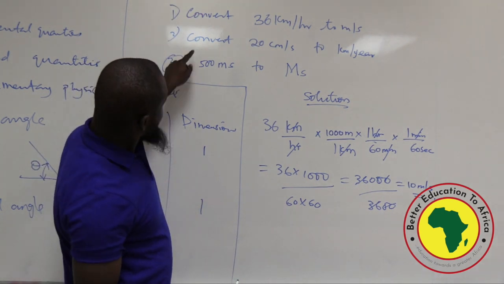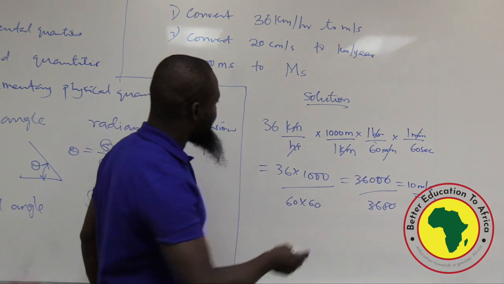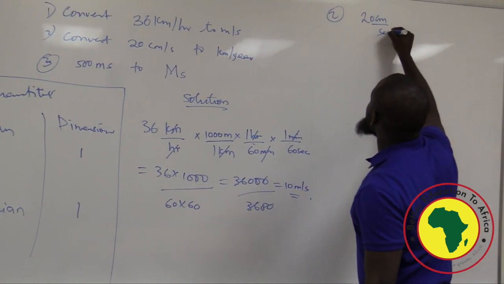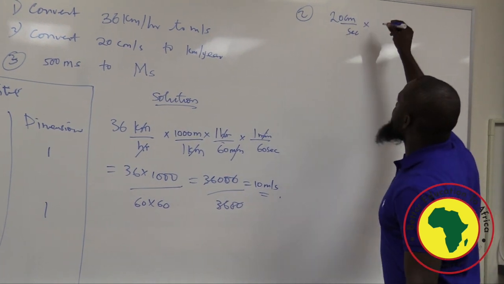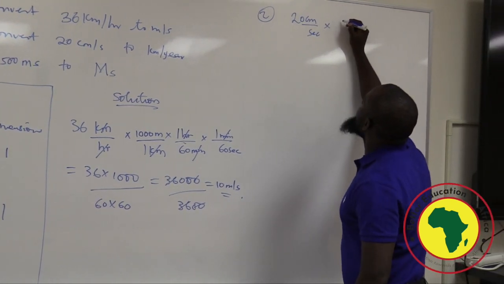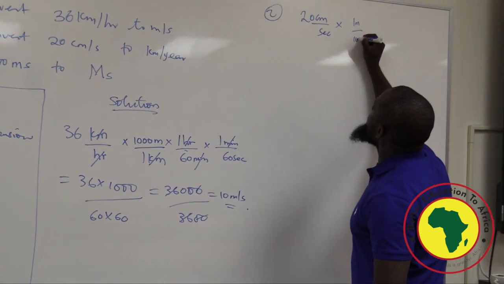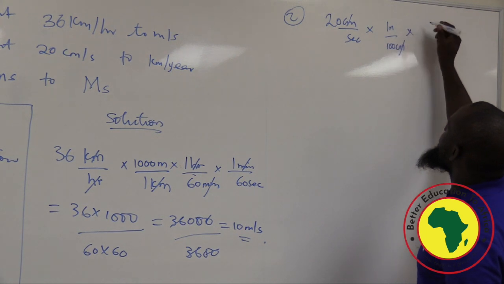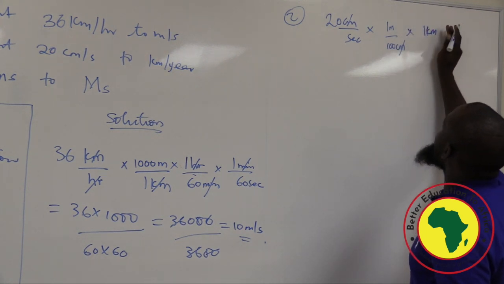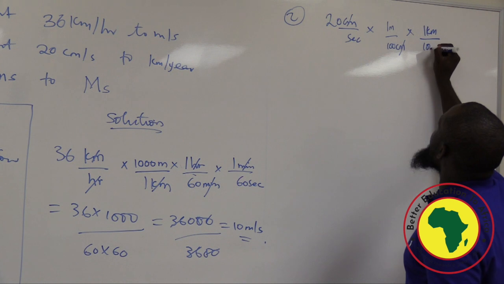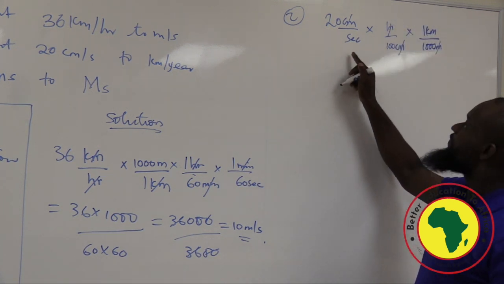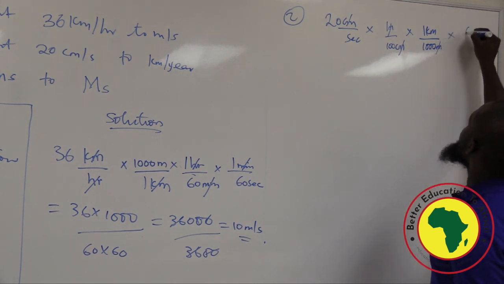Now convert 20 centimeters per second to kilometers per year. That's the second one. 20 centimeters per second. I can convert centimeters first. 1 meter is 100 centimeters, so centimeters cancel centimeters, but I want kilometers. 1 kilometer is 1000 meters, so meters cancel meters. I already have kilometers on top. Now I want to convert seconds to year. 60 seconds is 1 minute.